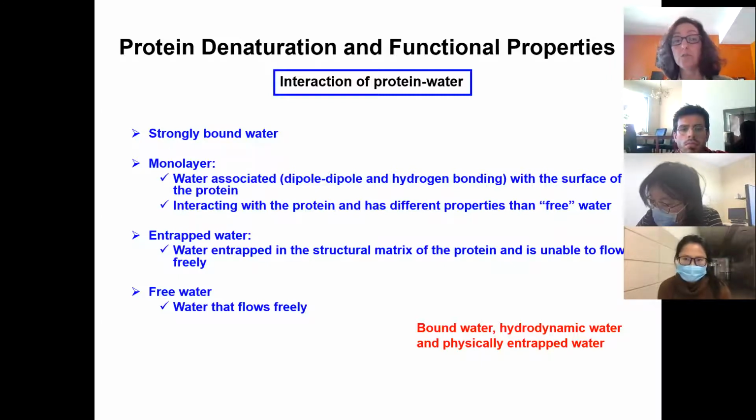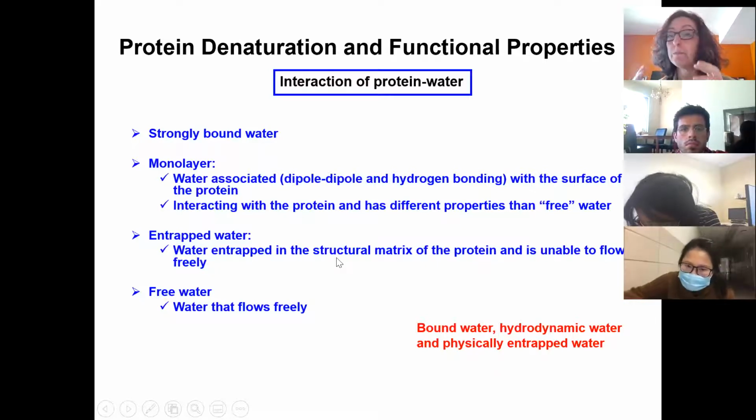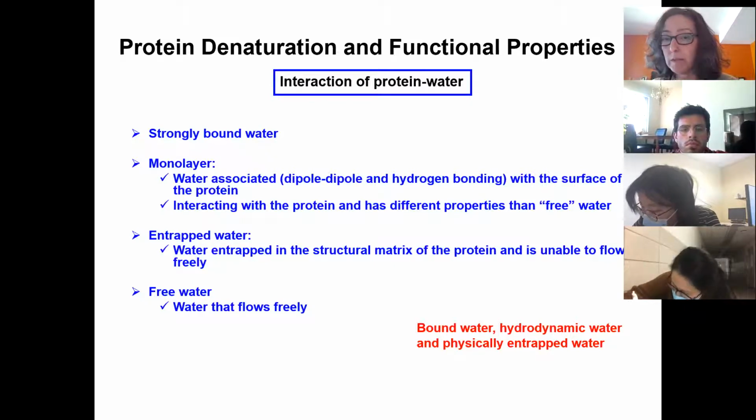Then you have a term that we call entrapped water, and this is physically entrapped water. So we have bound water, and then we have physically entrapped water. This is entrapped in the three-dimensional structure, a protein matrix, and is not flowing freely, like in a gel.